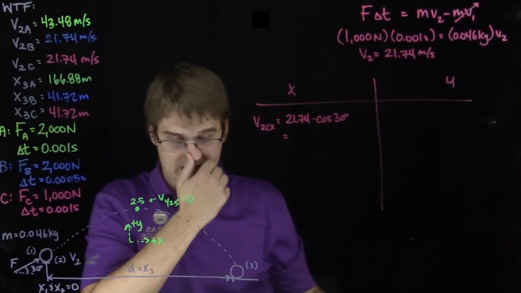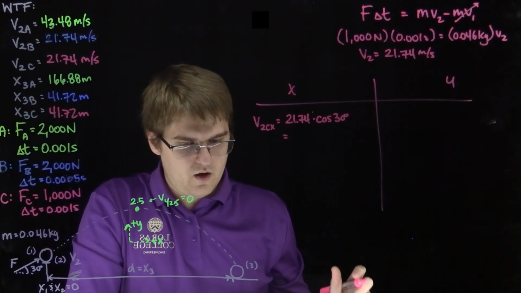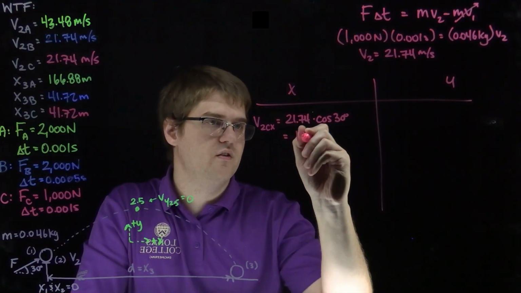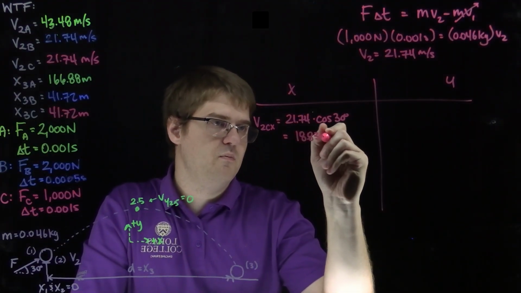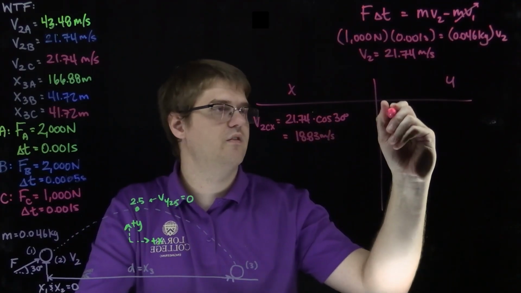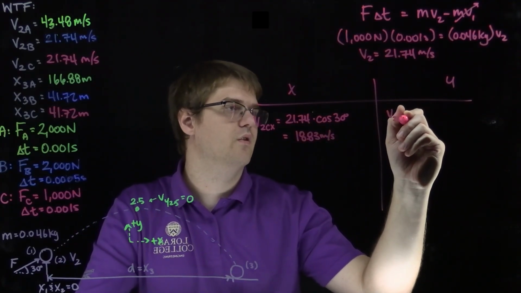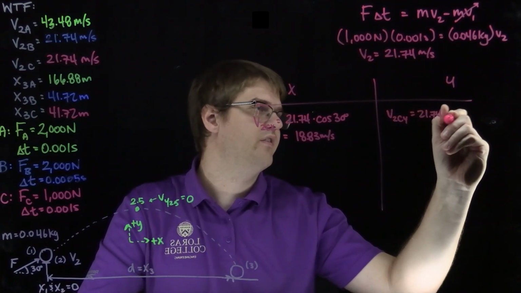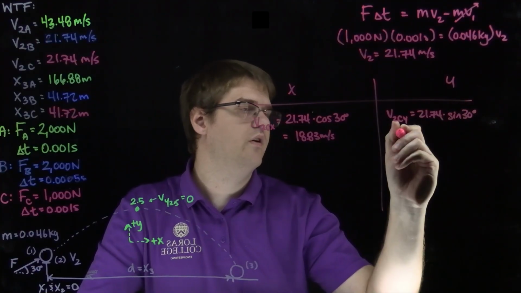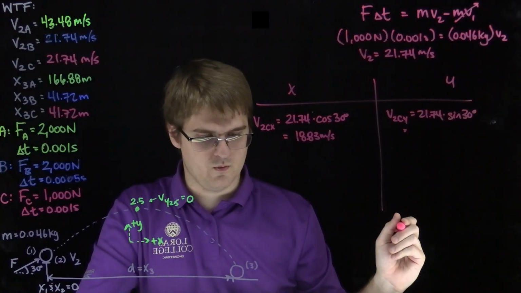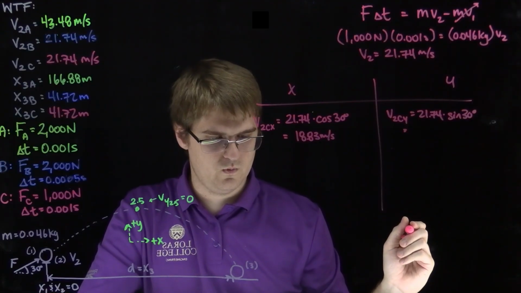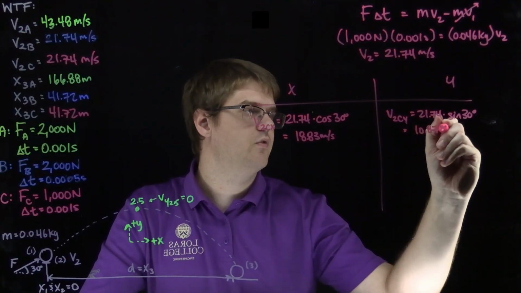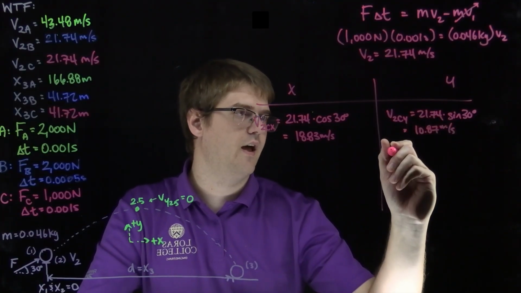That is going to give me a value of 18.83 meters per second. Velocity 2 for C in the Y is 21.74 times the sine of 30 degrees, which is going to be equal to 10.87 meters per second.